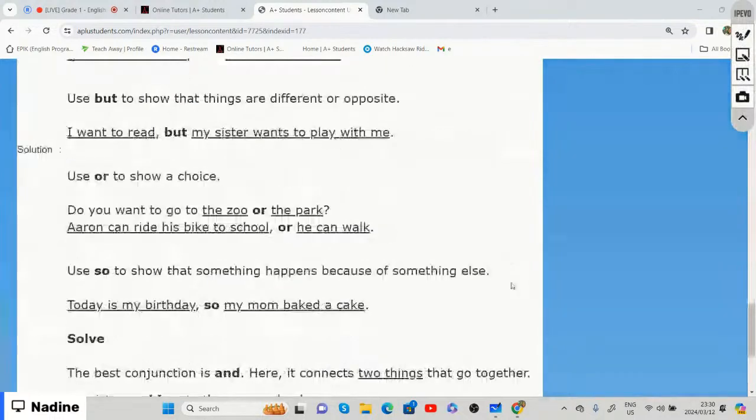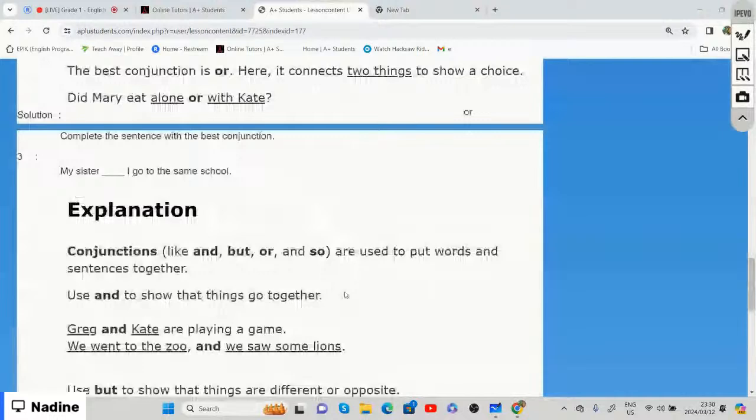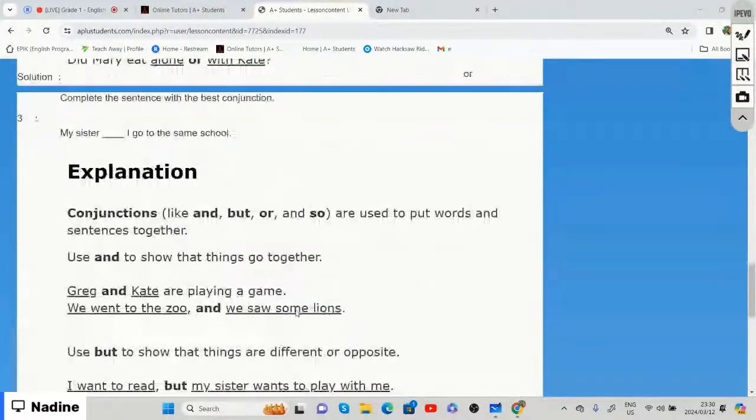We can even use the sentence: Today is my birthday, so my mom baked a cake. So, to show that something happens because of something else, right?